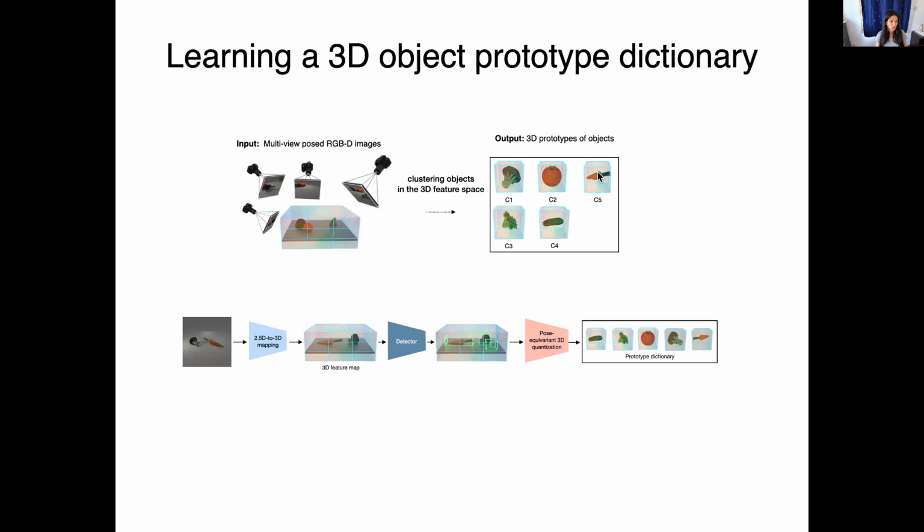So we call this a pose equivariant 3D quantization. And you discover this just by clustering in the 3D feature space automatically. So automatically go around the scene, run objects, detect them, quantize them into prototypes, and optimize for those 3D feature maps. These are essentially the embeddings of the prototypes that are not 1D or 2D, but rather are 3D. In fact, they have 3 spatial dimensions and 1 feature dimension, and we minimize reprojection error. That's how this works.